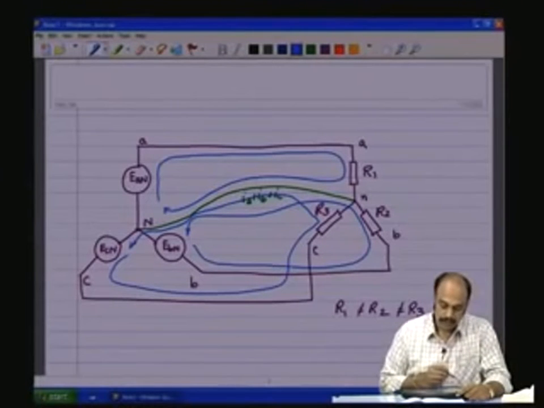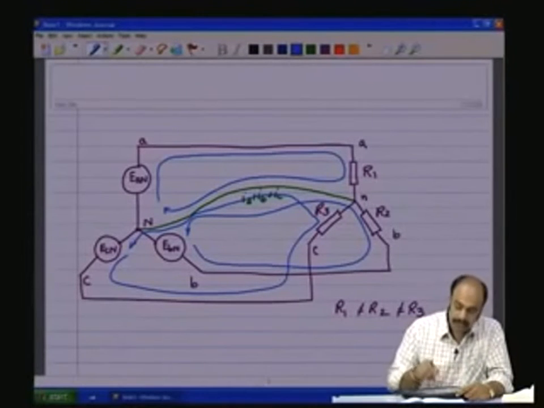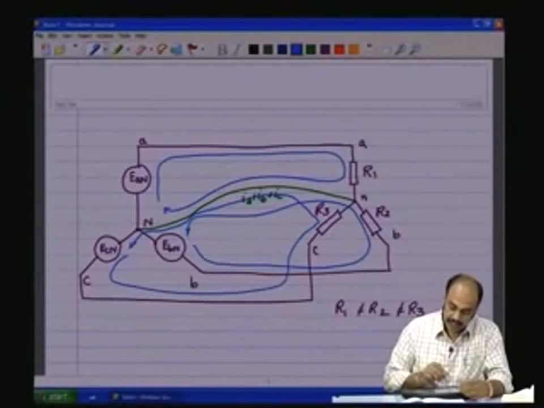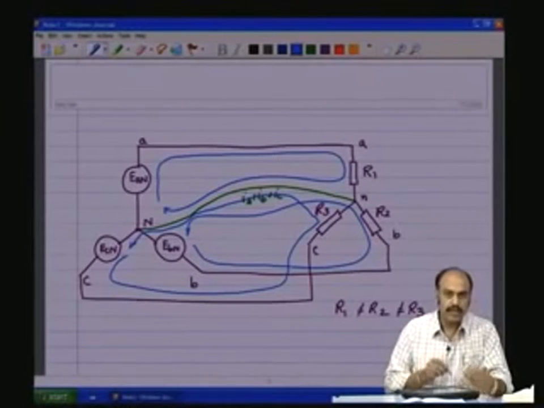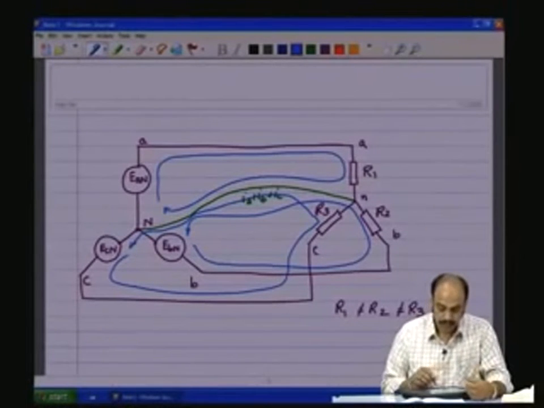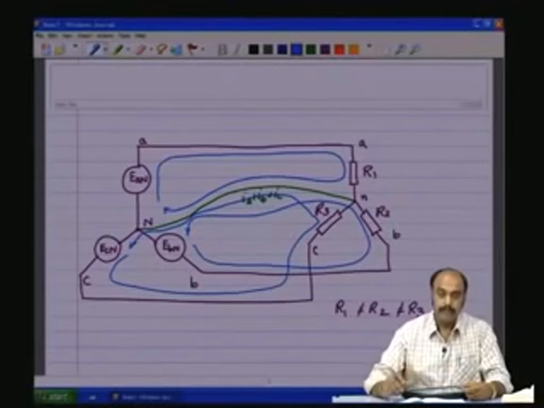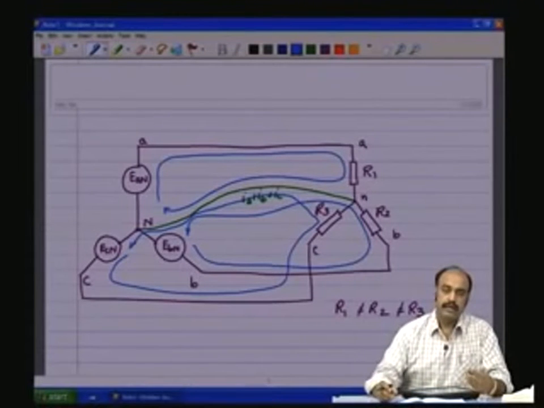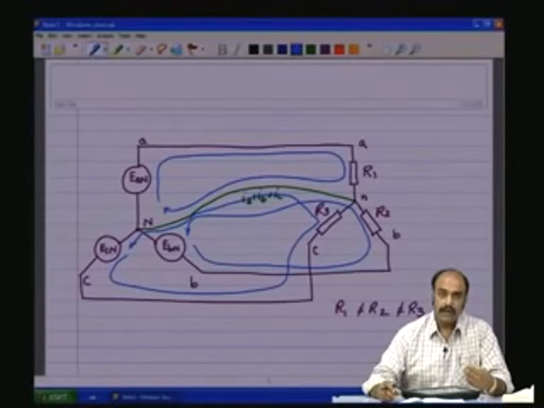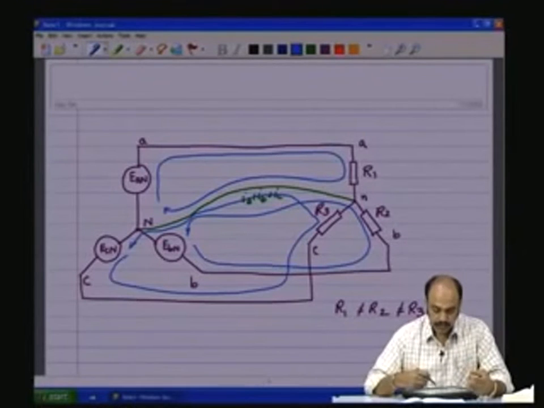So, we have these three independent circuits, and the voltages across each phase are EAN, EBN, ECN, as decided by the source. So, there will not be any anomalous voltages due to the unbalanced load.